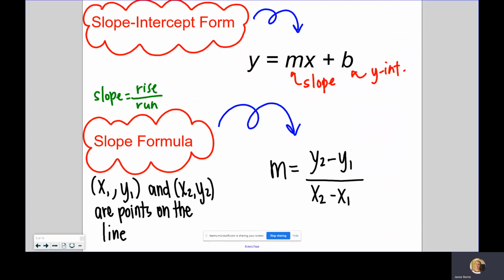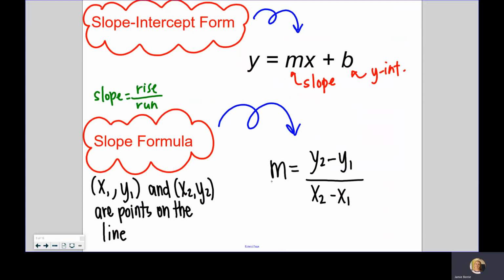So the rise is how much your y value is changing. That's what we have here, y2 minus y1. Your run is how much your x value is changing, which is what we have down here, x2 minus x1. And then I just noted over here that x1, y1, and x2, y2 are points that are on the line.